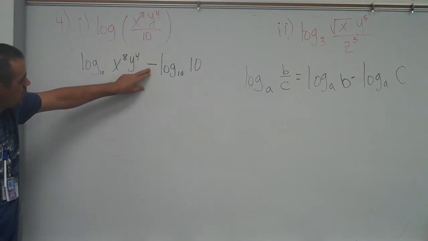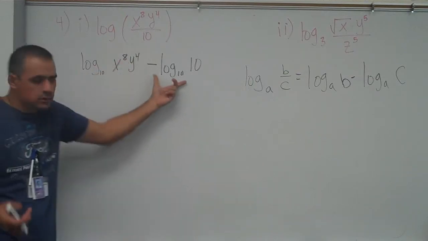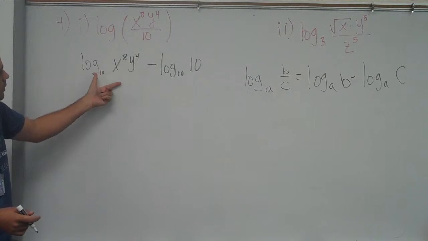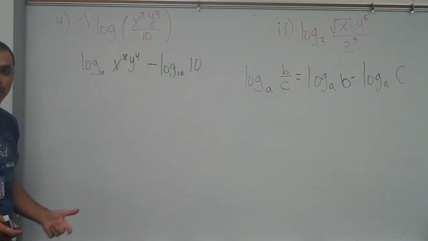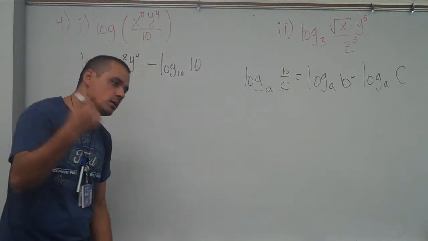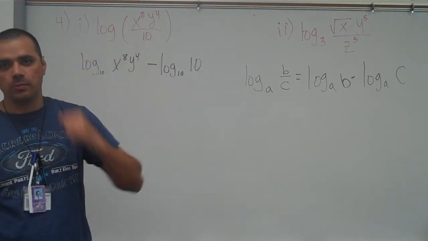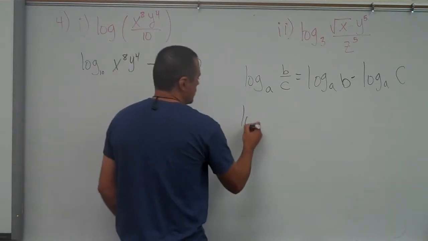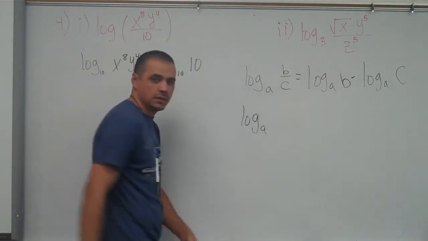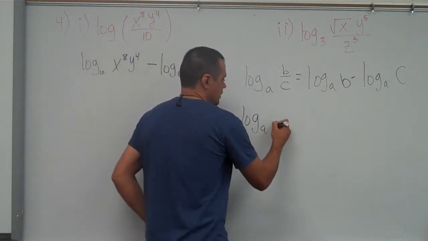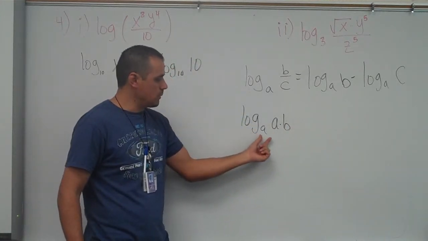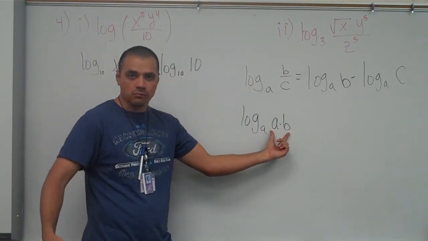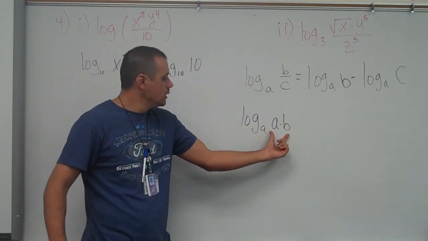Now that we're here, notice that we have a minus, and this looks a little simpler, we're cool there. But notice that over here we have 2 terms. These 2 terms are being multiplied, which brings us to another property, the product property, which says that for some base a, if you're multiplying 2 numbers, you're taking the log base a of the multiplication of whatever numbers they are, doesn't matter.